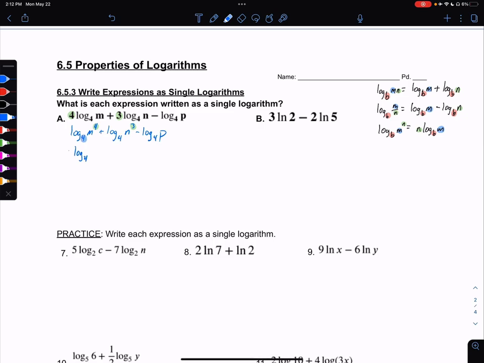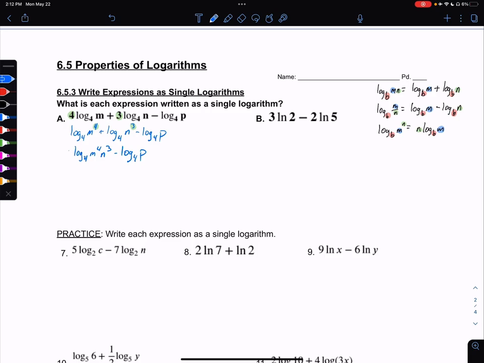If they did not have the same log base, we would not be able to do this. So log base 4 of m to the 4th times n to the 3rd, and then we will subtract our log base 4 of p. Remember that addition can be combined using multiplication of, in this case, the m and the n.